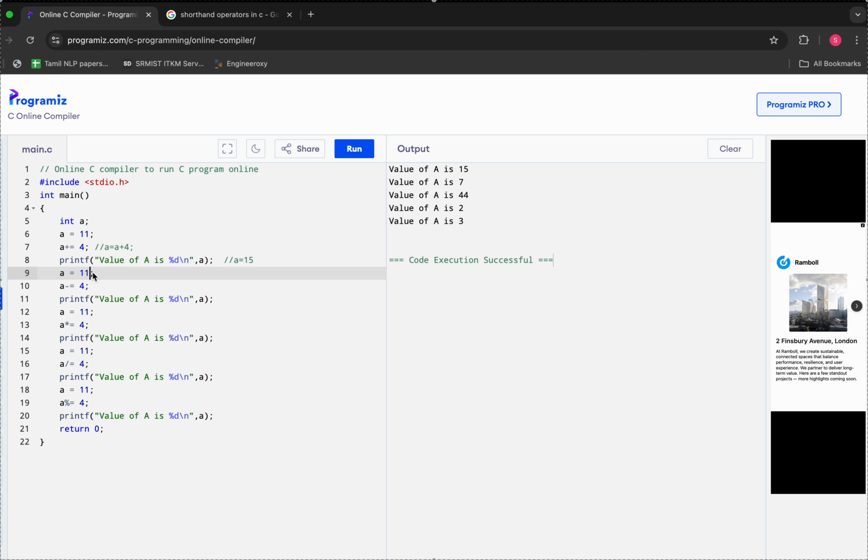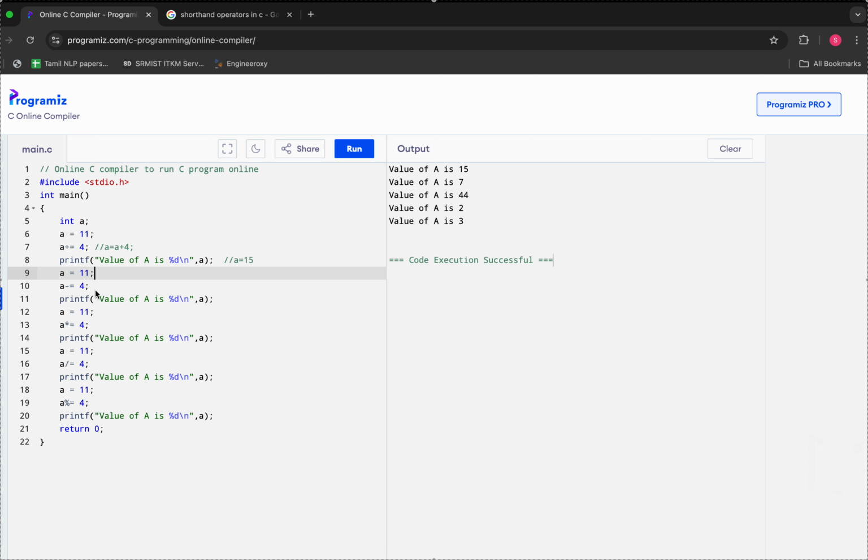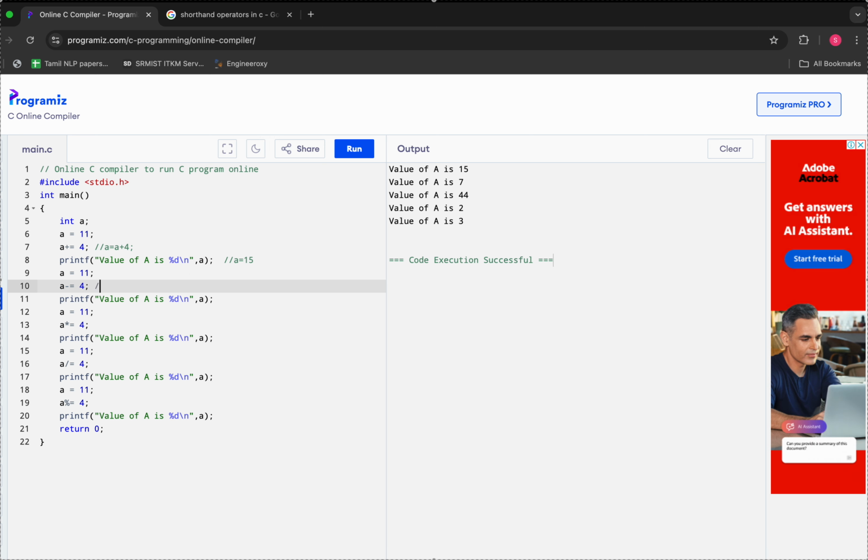When you come to line number 9, my a value will be reassigned to 11. And the meaning of this line is a equal a minus 4. So 11 minus 4, 7. The value will be printed here as 7.